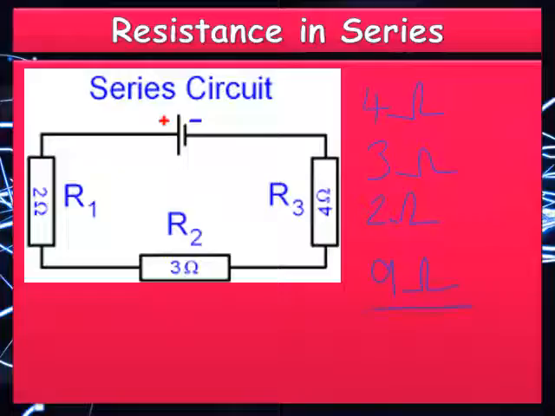Okay, so for this, the total resistance for a series circuit, for this one anyway, is going to be 4 ohms plus 3 ohms plus 2 ohms, which equals, of course, 9 ohms.